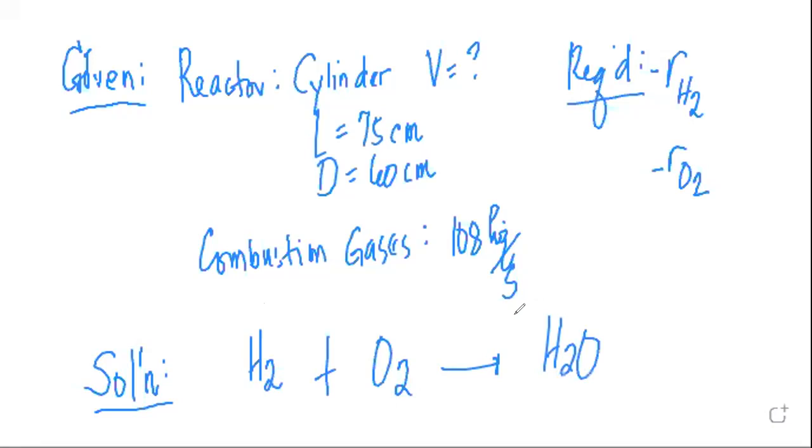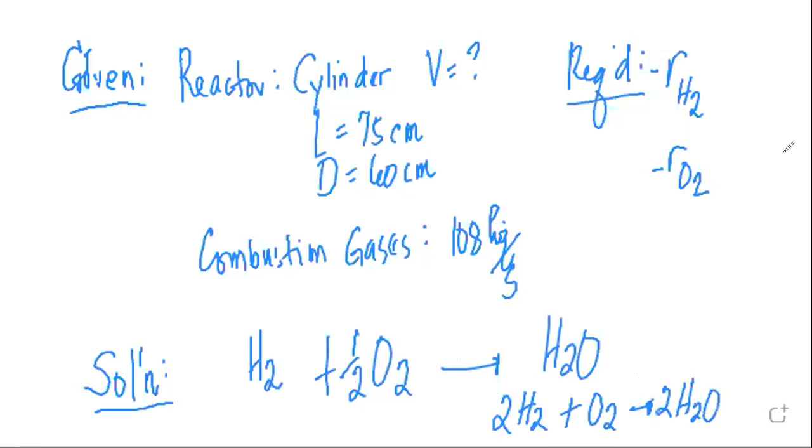So you need to balance this. This has to be 1/2. That way your atoms for hydrogen and oxygen will be balanced, bringing us a reaction which, if you multiply by 2, would be 2H2 plus O2, forming 2 moles of H2O.